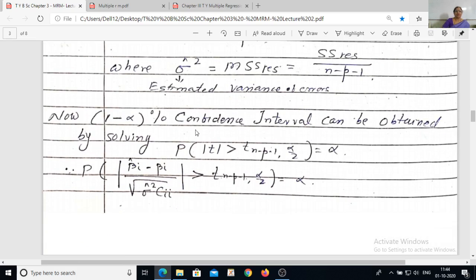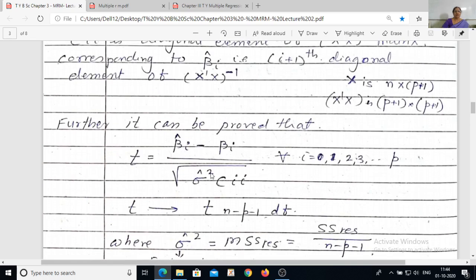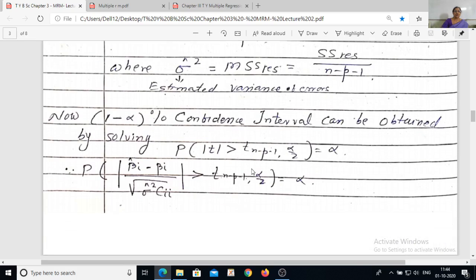Further, a (1 minus alpha) into 100% confidence interval for your beta i can be obtained using the same thing: beta i cap minus beta i upon root of sigma square cap Cii follows a t distribution with n minus p minus 1 degrees of freedom. So the probability that the absolute value of t is greater than t with n minus p minus 1 degrees of freedom at alpha by 2 is equal to alpha.